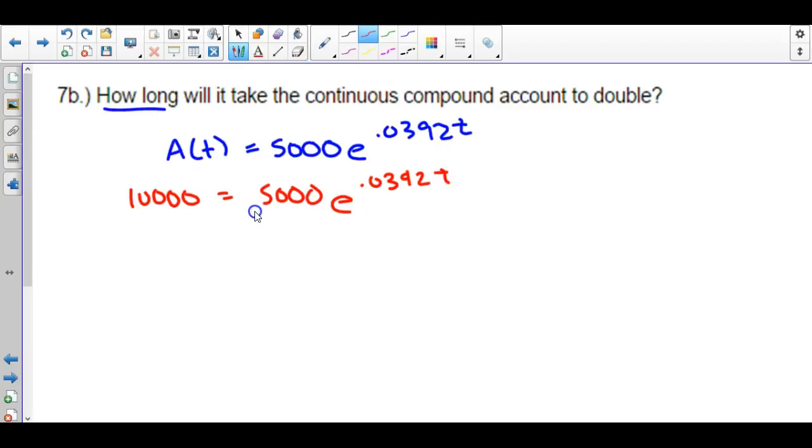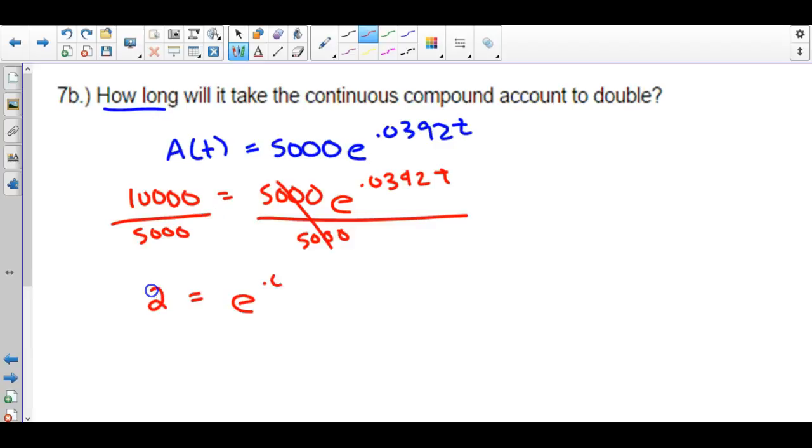So the first thing I'll do is divide both sides by 5,000. And I'm going to end up with 2 equals e to the 0.0392 t. And now I'm going to take the natural log of both sides. So the natural log of 2 equals the natural log of e to the 0.0392 t.